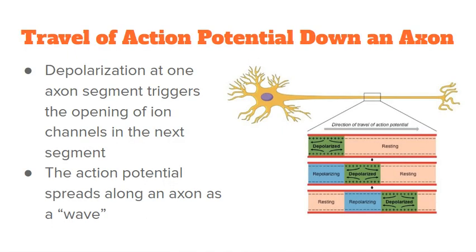I just want to think about it big picture real quick. So this depolarization starts at one end of your axon, and that depolarization travels down it. That's what causes that impulse.